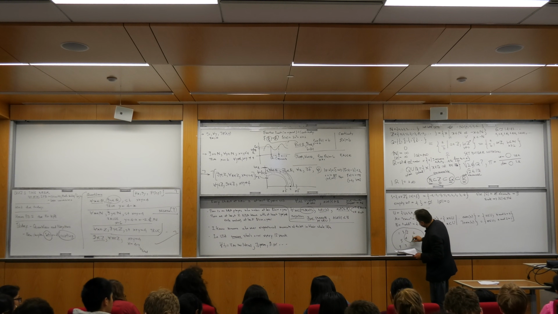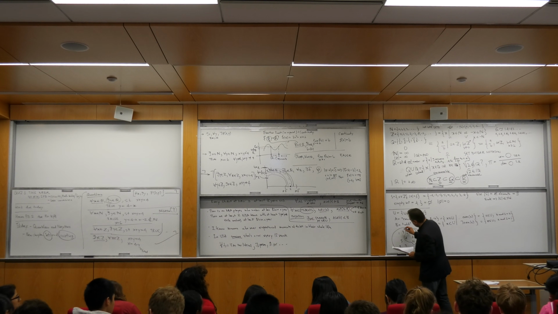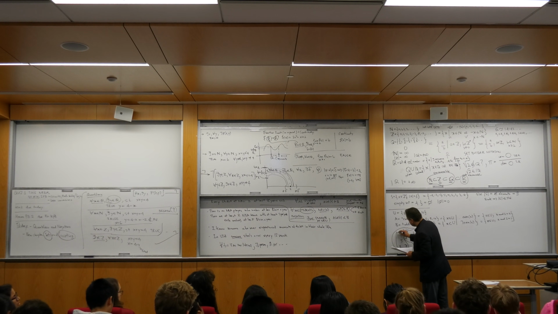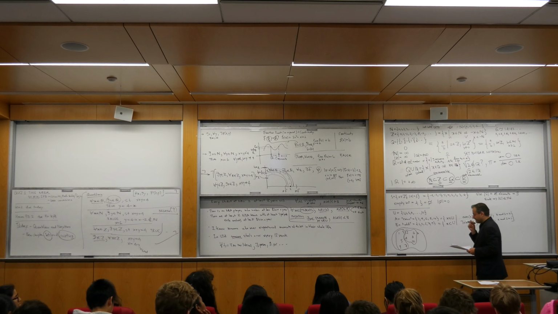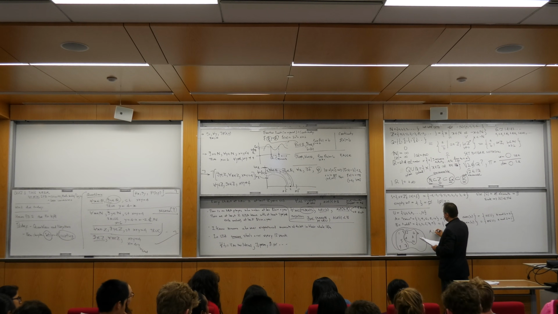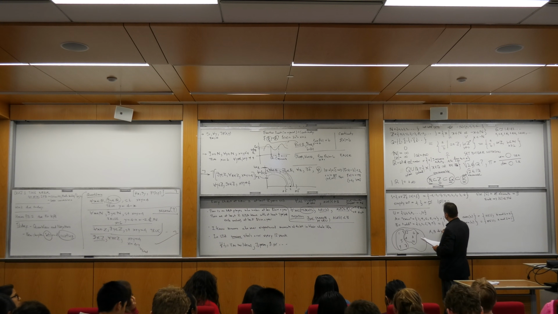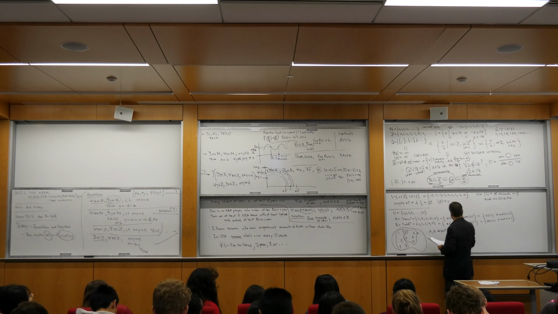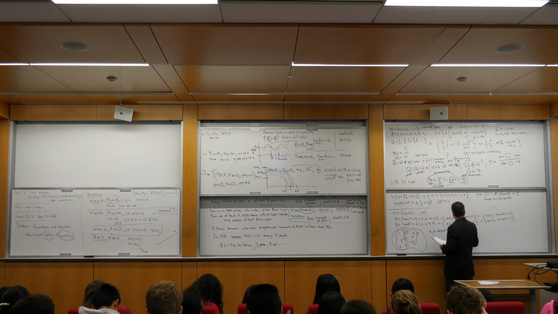Two, 4. That's the A set. 1, 3, 5, 7, 9. That's the odd set. So these have no intersection. A and B are disjoint. No common element.